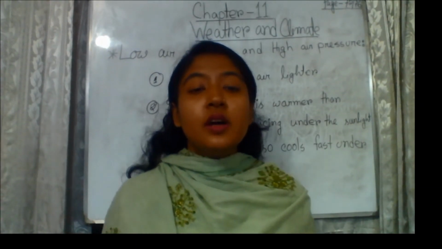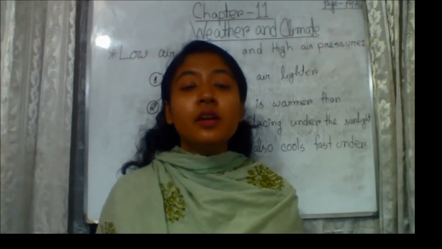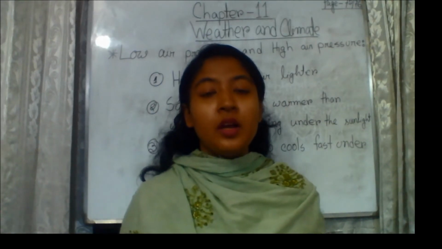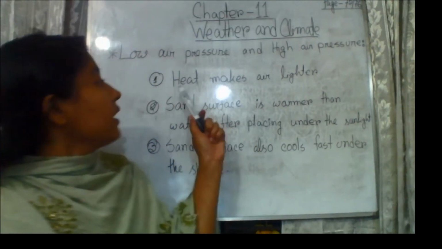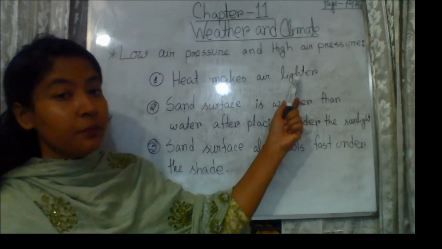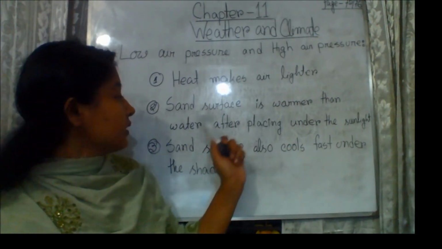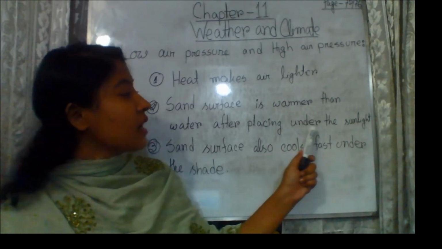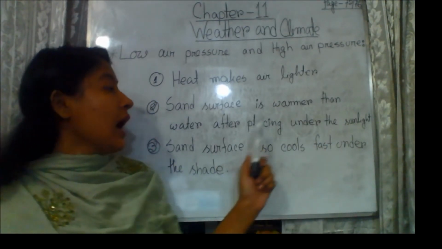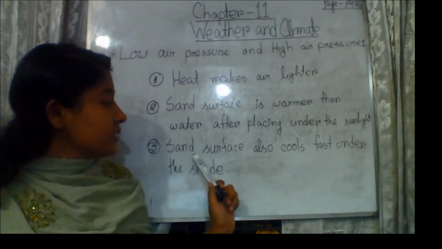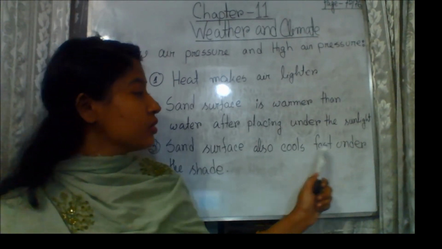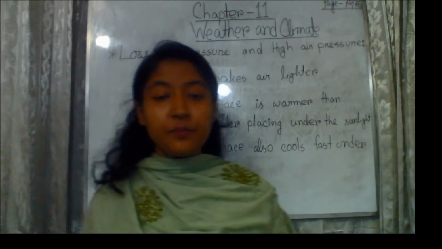Now students, I am going to give you 3 important pieces of information. Number 1 is heat makes air lighter. Number 2 is the sand surface is warmer than water after being placed under sunlight. And number 3 is the sand surface also cools fast under the shade.